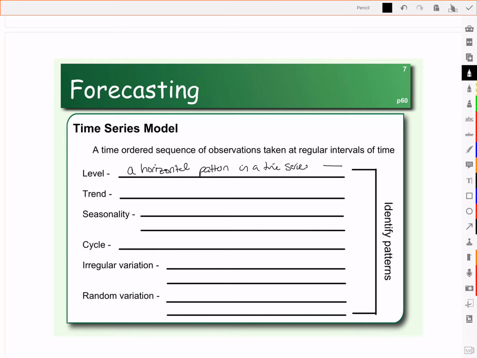Now we can see a trend. This is a persistent upward or downward pattern. So over time, the forecast, if we're forecasting demand for our product, it's either going up or it's going down. Now you don't just have to be forecasting the quantity demanded of your good or service.